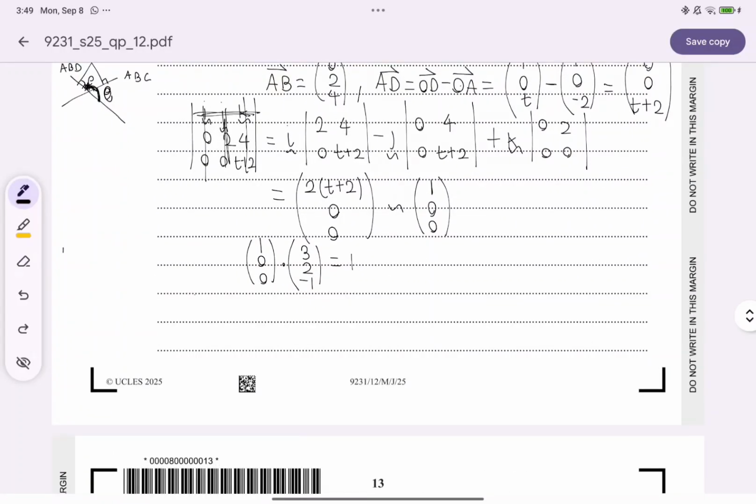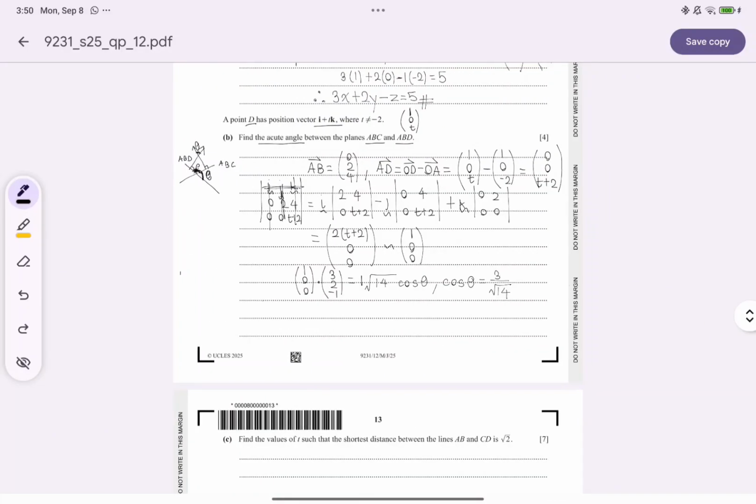So the first one is just 1, times the square root of 3 squared plus 2 squared plus negative 1 squared, which is 9 plus 4, 13, plus 1, which is 14, times cosine theta. So cosine theta would just be 3 over square root 14.